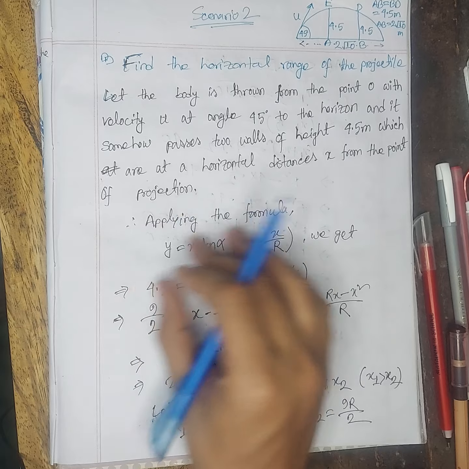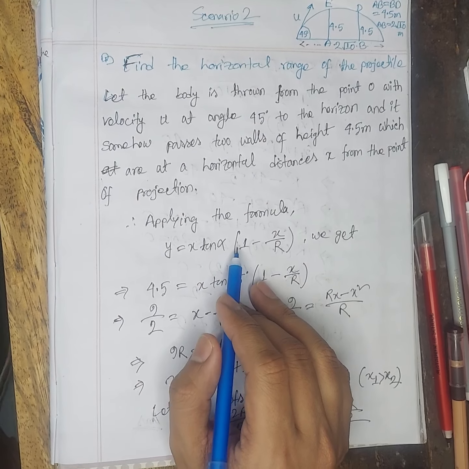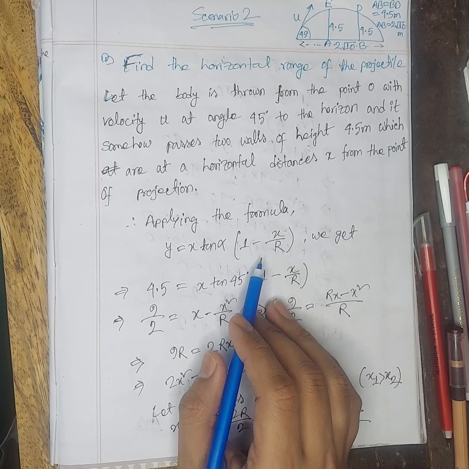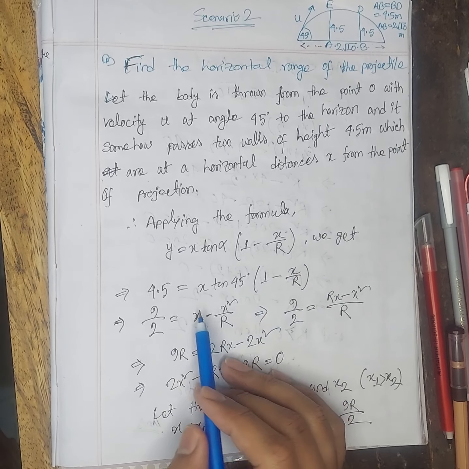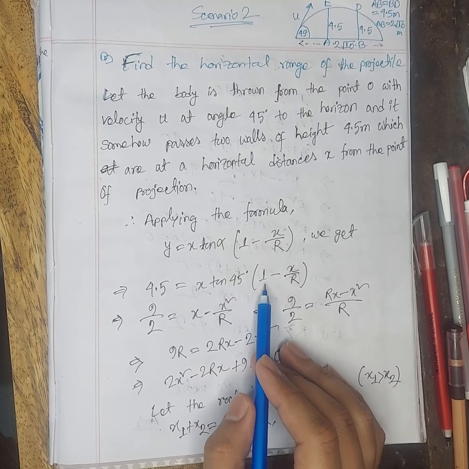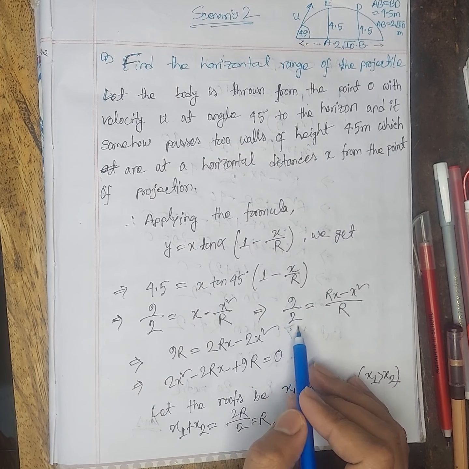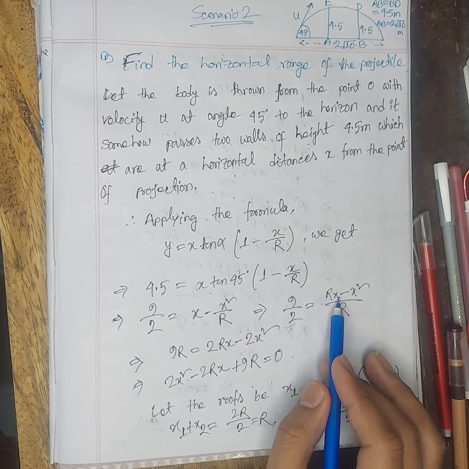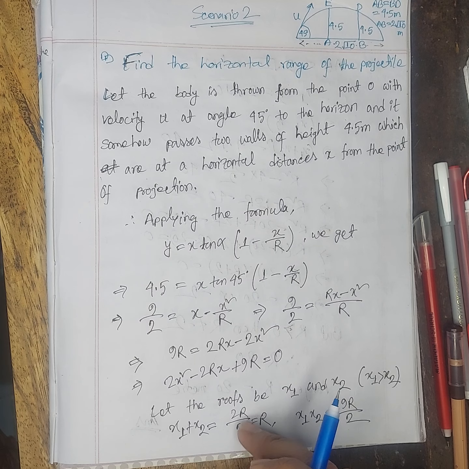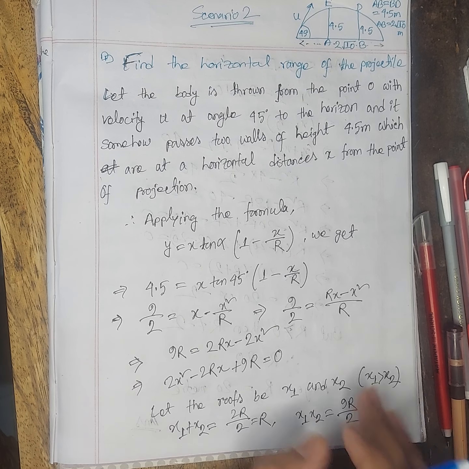So by applying the formula y equal to x tan alpha times 1 minus x by R, we get 4.5 is equal to x tan 45 degrees times 1 minus x by R. So 9 by 2 is equal to x minus x square by R. Here the roots are x1 and x2, so x1 plus x2 is equal to R, and x1 x2 is equal to 9R by 2.